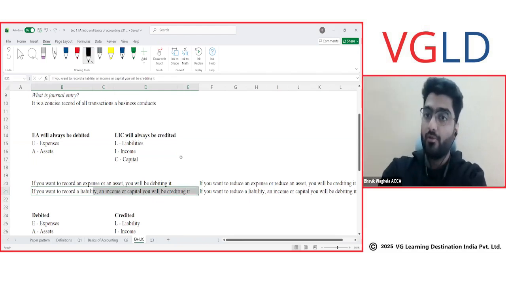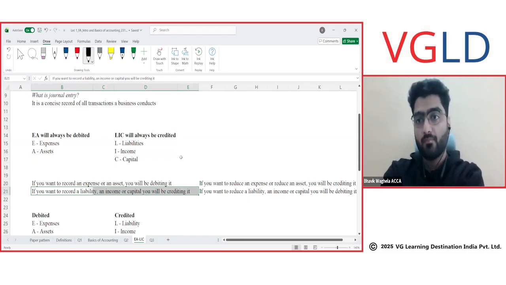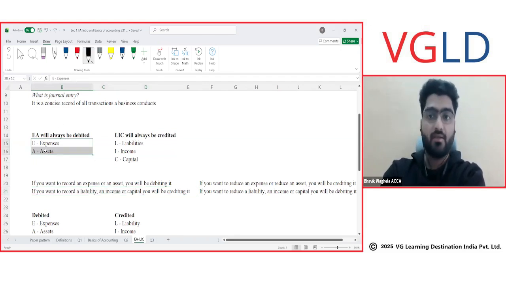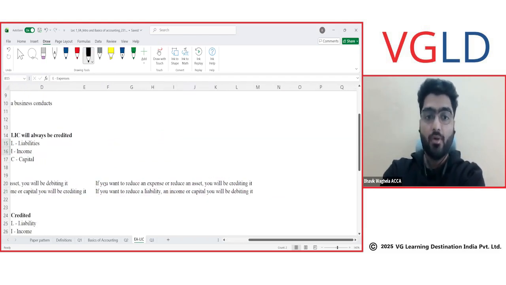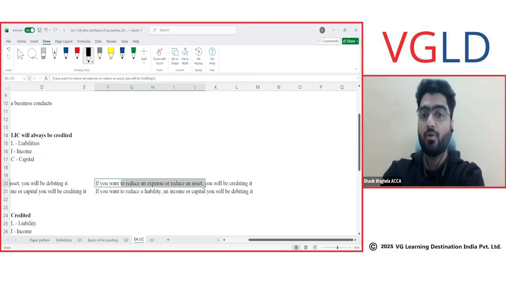Sir, what if you want to reduce an expense or you want to reduce an asset? Then you will be crediting expenses or you will be crediting assets. So if you want to reduce an expense or an asset, you will be crediting it. Everyone?